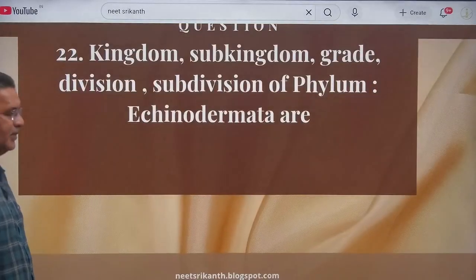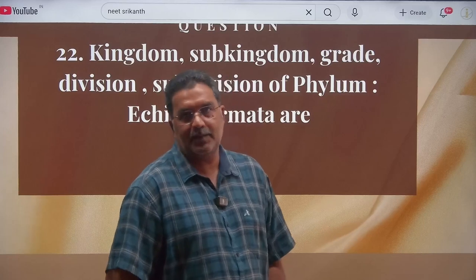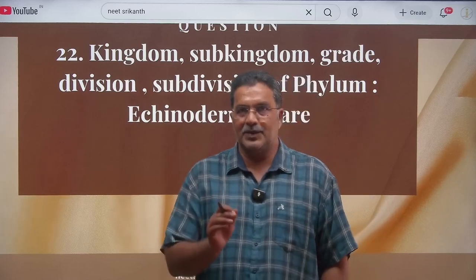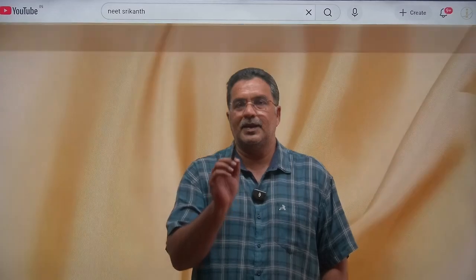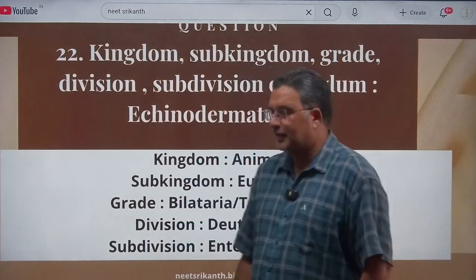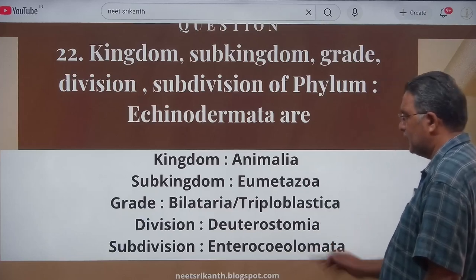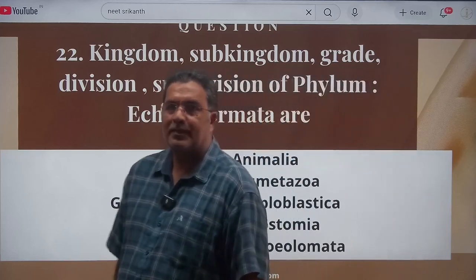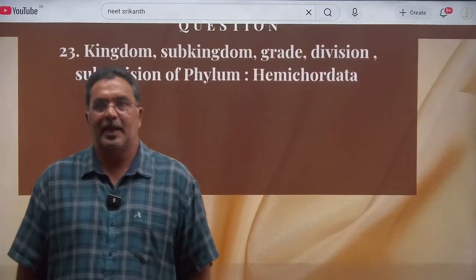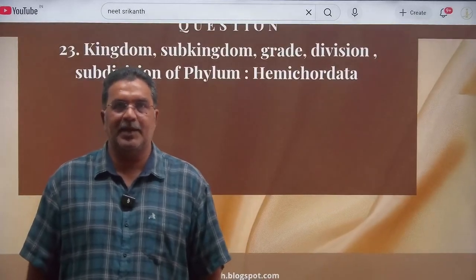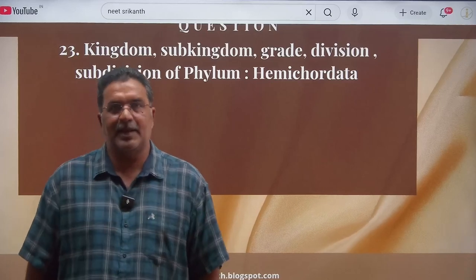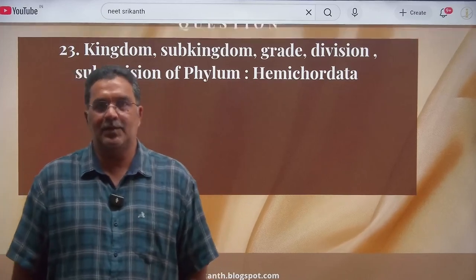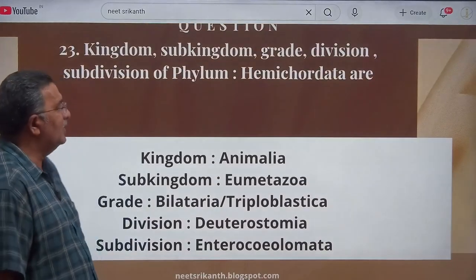Moving on, Echinodermata: Kingdom Animalia, subkingdom Eumetazoa, grade Bilataria or Triploblastica, division Deuterostomia, subdivision Enterocoelomata. Next, Hemichordata: Kingdom Animalia, subkingdom Eumetazoa, grade Bilataria or Triploblastica, division Deuterostomia, subdivision Enterocoelomata.